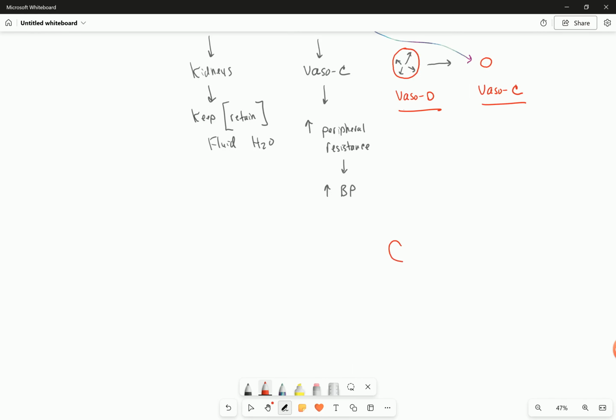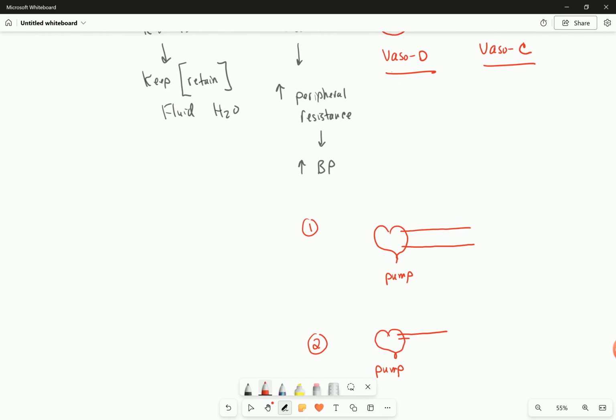The pump in our body is our heart. The heart or the pump is hooked up to these tubes. So this is going to be scenario 1, and here is scenario 2. We have the heart, which is a pump, and this particular blood vessel I'm going to make skinny on purpose. This one is vasodilated, and this one is vasoconstricted.